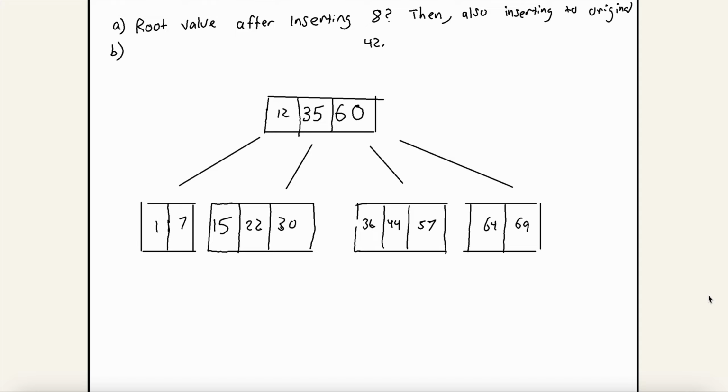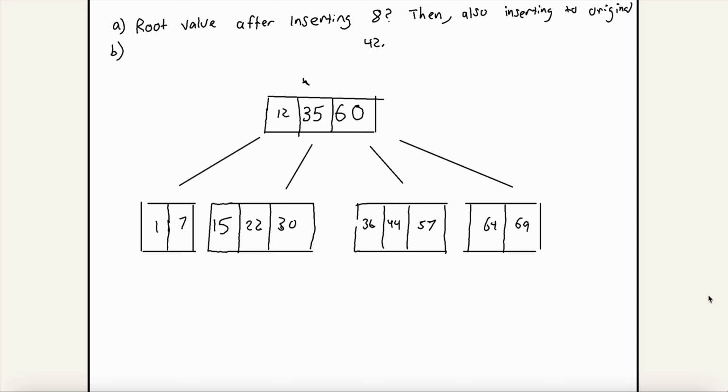Bear with me. Okay, so now this part B is the trickier section. So we want to follow the same process of where we want to think about going. So if we compare the values in this root area here, we see that 42 is in between 35 and 60.